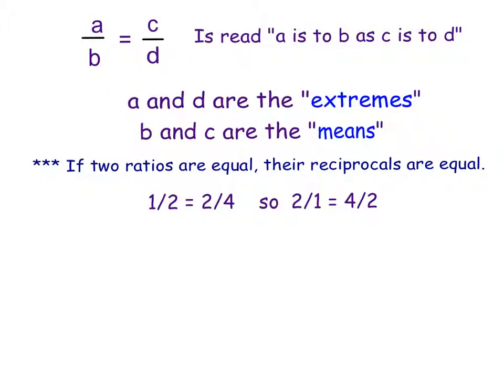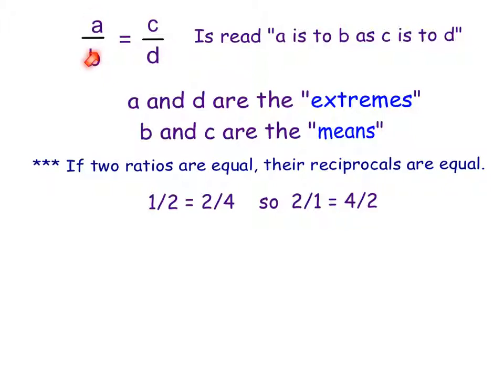All right, let's get to some vocabulary. In algebra, as you know, we use variables. So this here is read A is to B as C is to D. You use this proportional thinking sometimes in English as well.